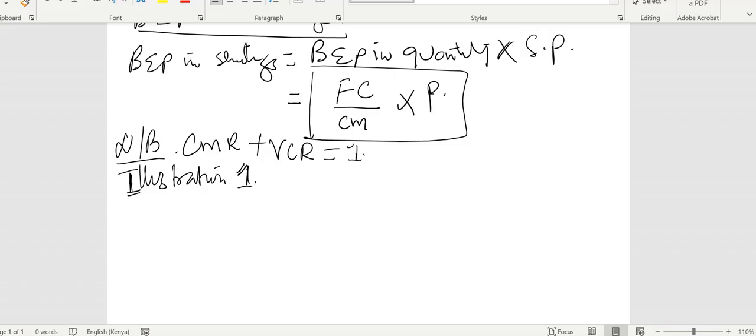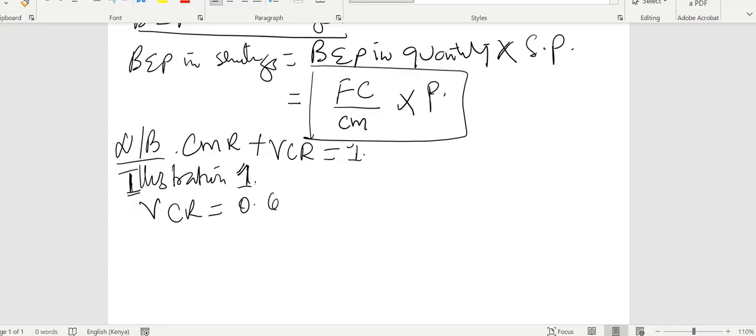And the variable contribution ratio is 0.6.